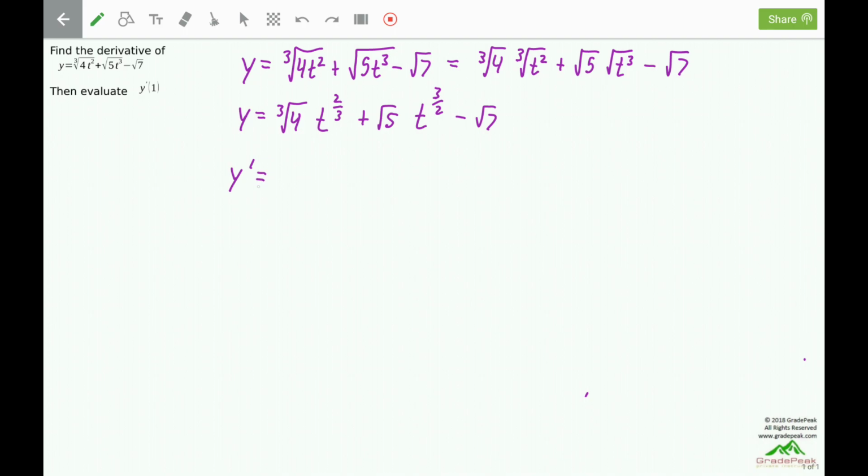Y prime, which can also be called dy dt, equals the cubed root of 4, which is just a constant, so that's just going to come along and multiply, bring the power down, 2/3, and then t to the 2/3 minus 1, which I will write as 3/3.